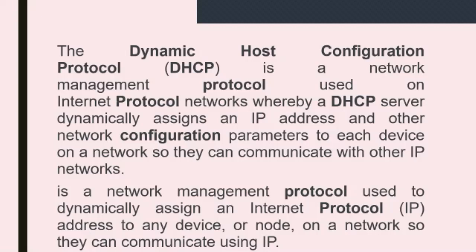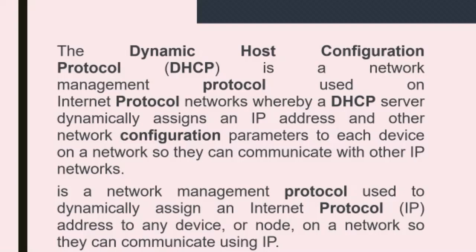Each and every mobile, whenever it moves from the home location register to the foreign location register, a mobile IP needs to be generated. It is responsible for providing network configuration parameters to each device on a network so that they can communicate with other IP networks.